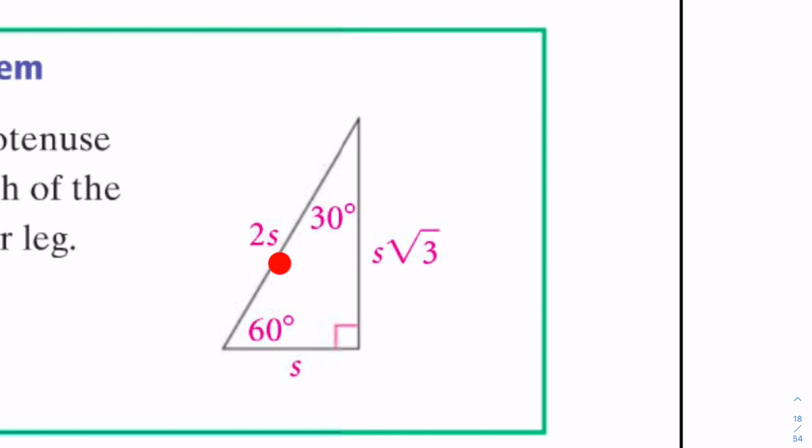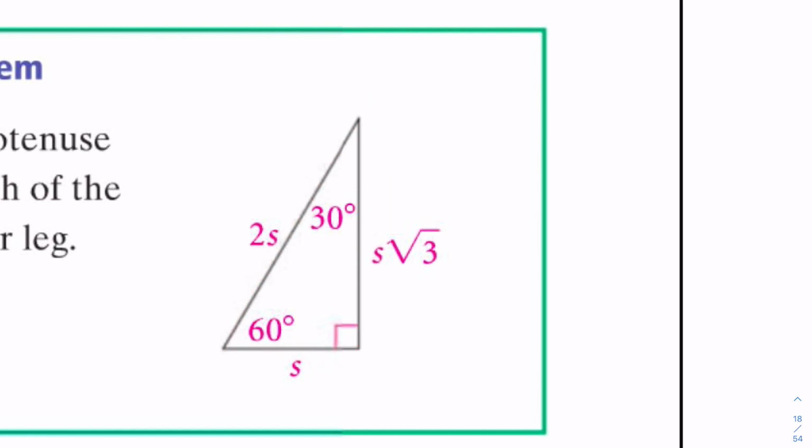And opposite the 90 is double the length of S. Whenever I take this length, I don't know what it is, but if I move it here, it will take 2 of them to fill the length of the hypotenuse. So that's your ratio: short leg, long leg, hypotenuse.